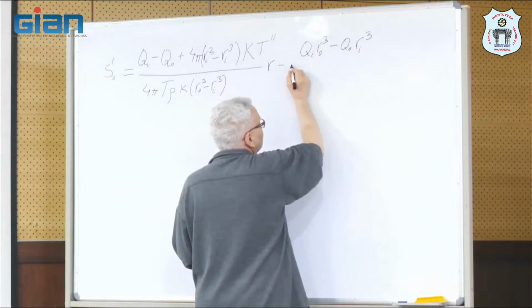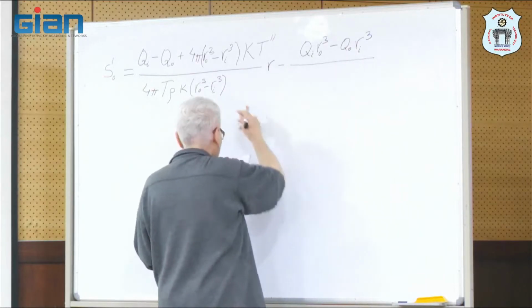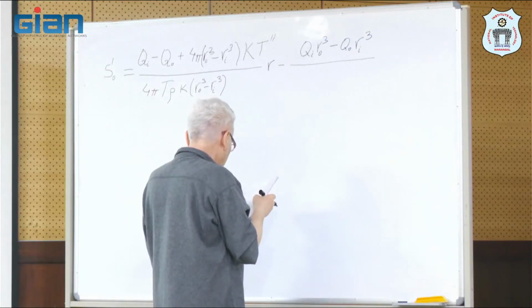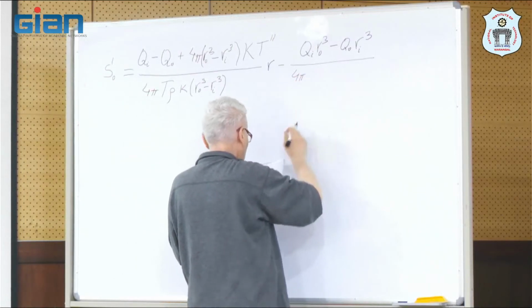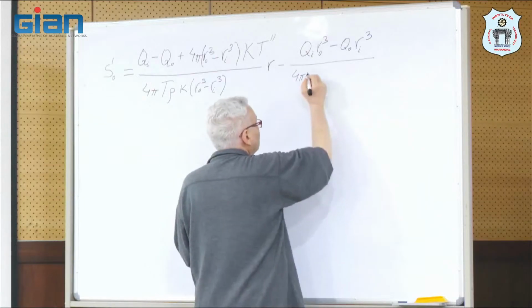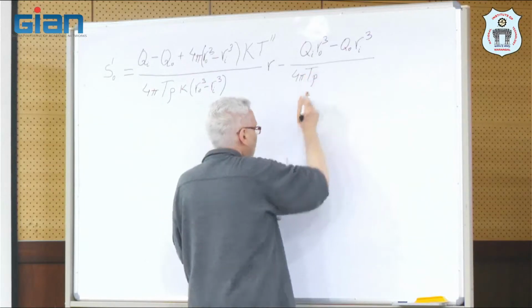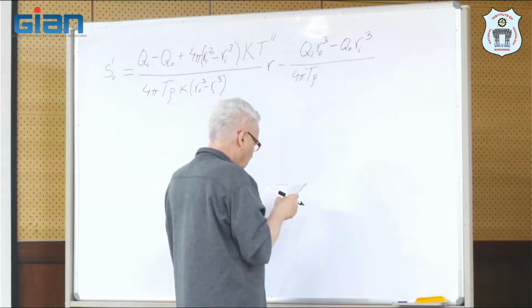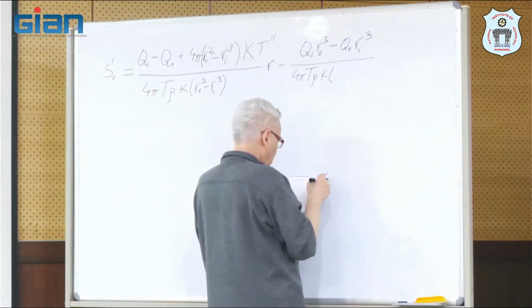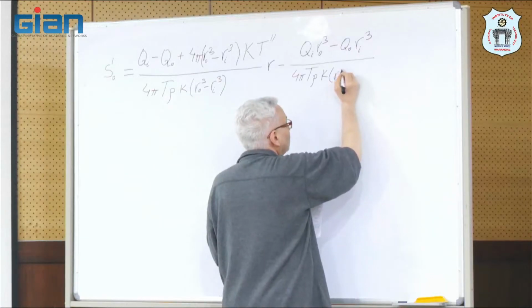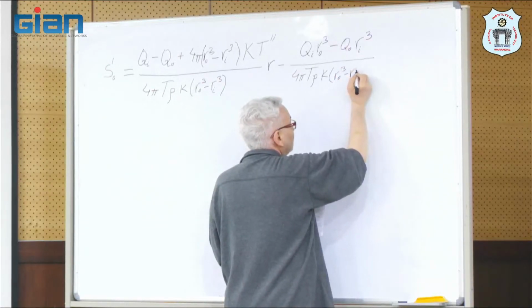Then we have a similar denominator like this, but slightly different. It's 4p t rho k, RO cube minus RI cube.